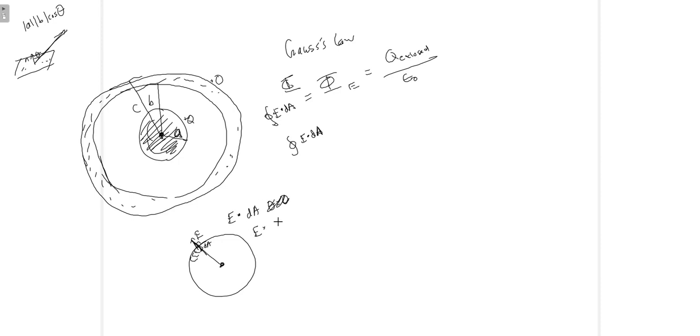So we don't have to worry about angles. The integration is just going to be E times the surface area of a sphere, and the surface area of a sphere is equal to 4 pi r squared.